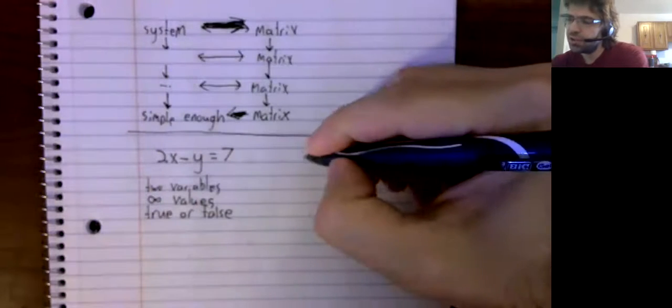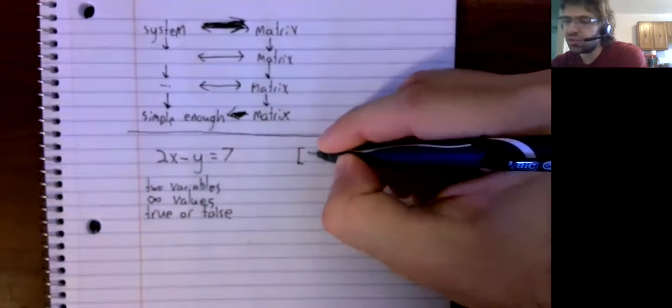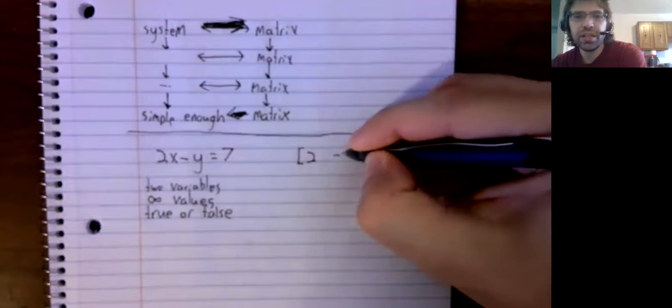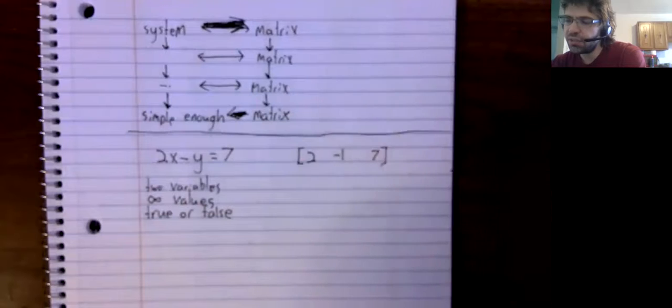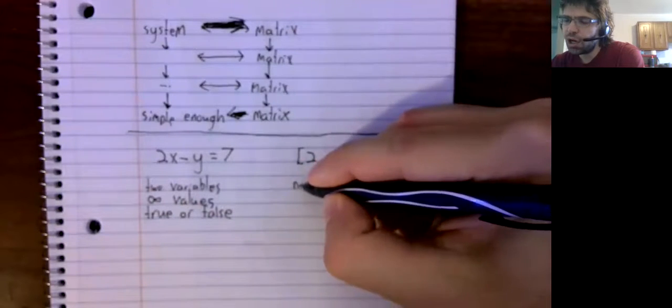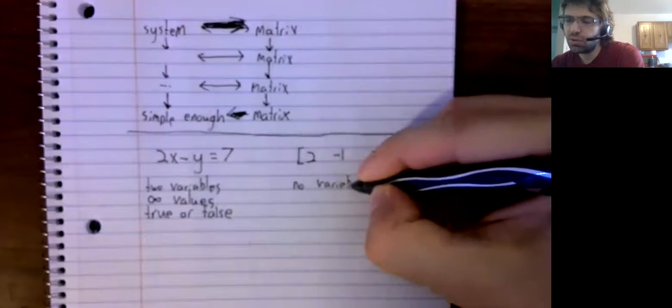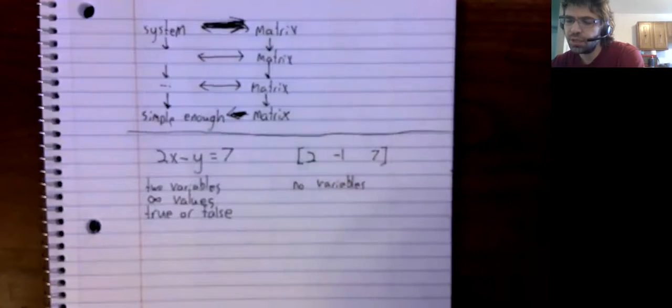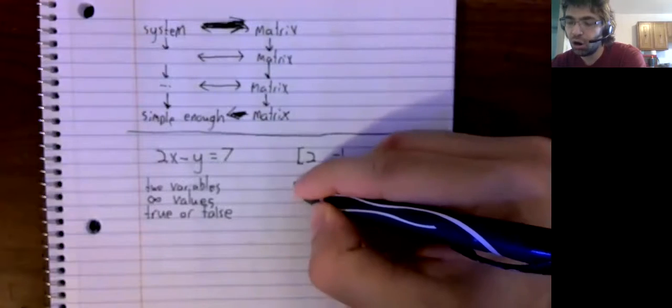Compare that to the augmented matrix 2, -1, 7. There are no variables. There are no infinite values that it can take on.